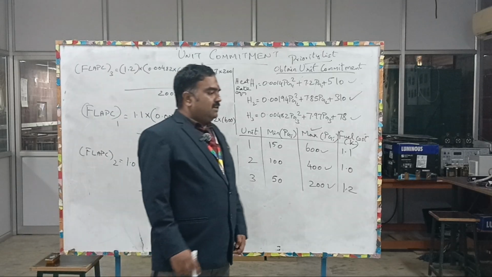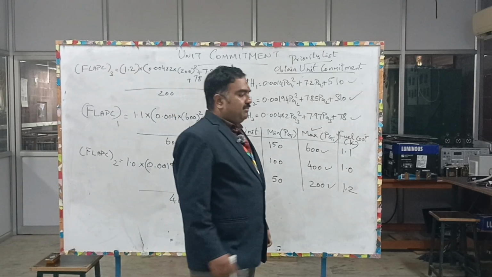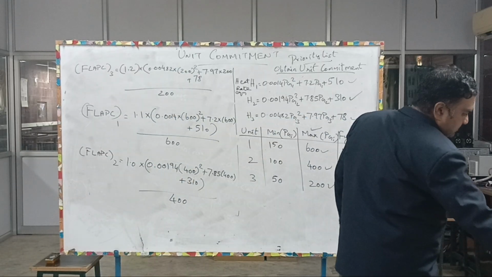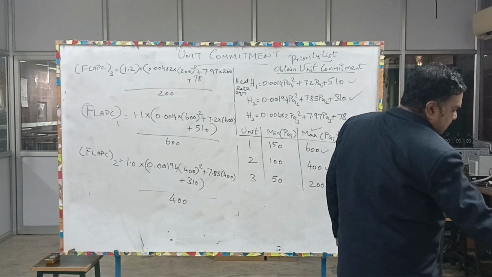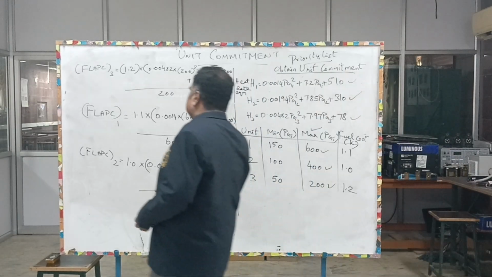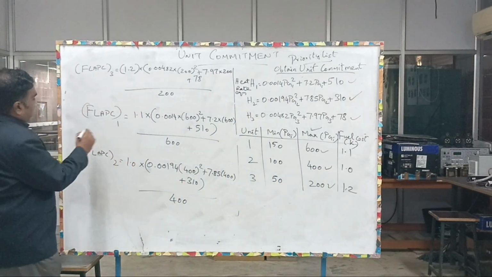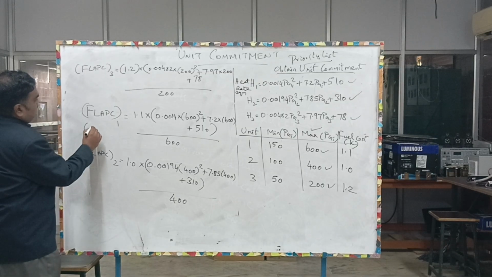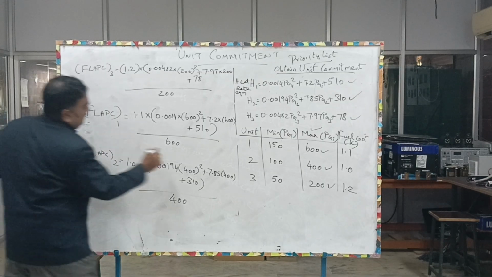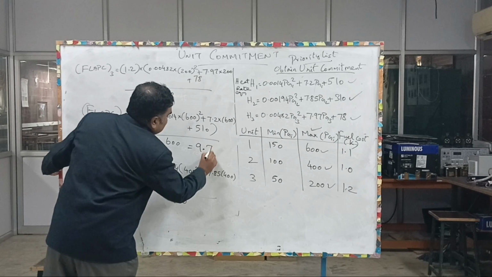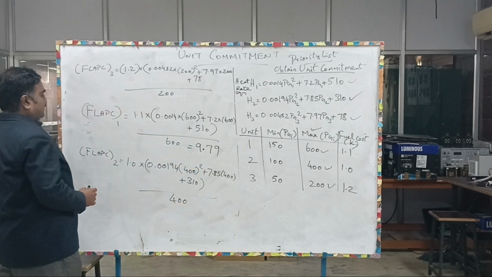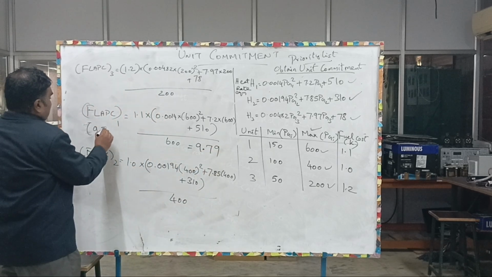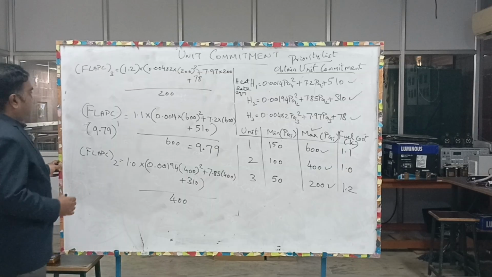So based on this you can get the FLAPC of the first unit, okay, we can write it down here, 9.79. The FLAPC of the first unit is 9.79.